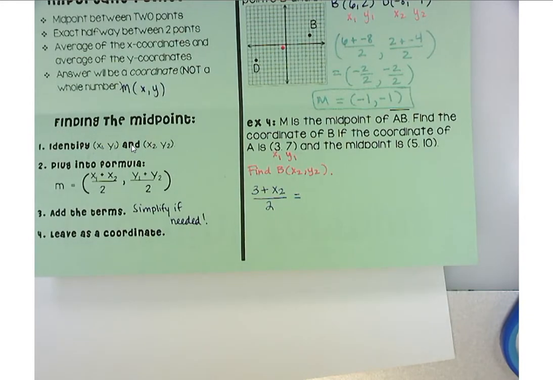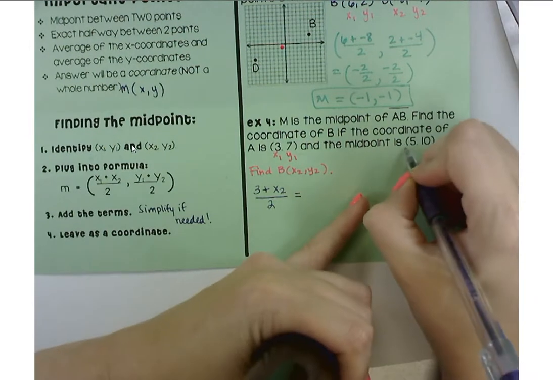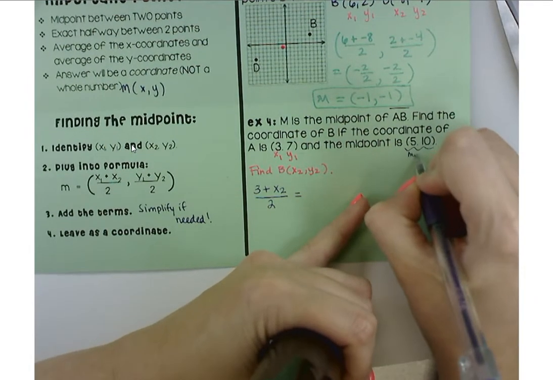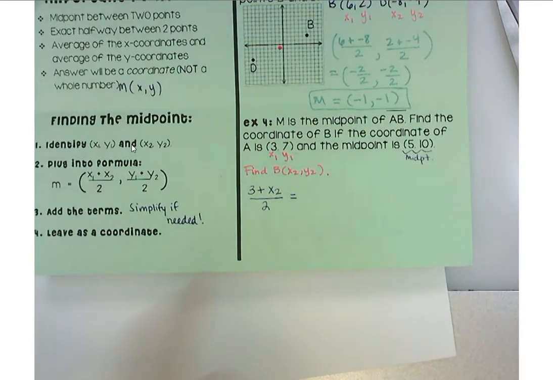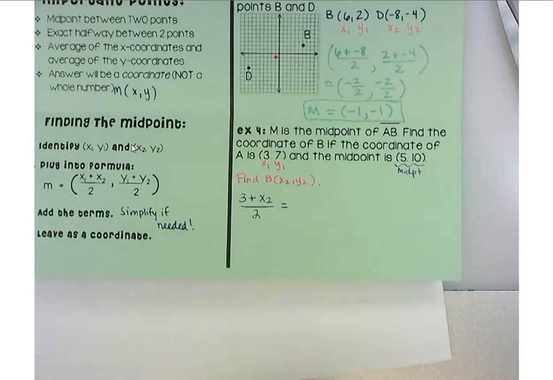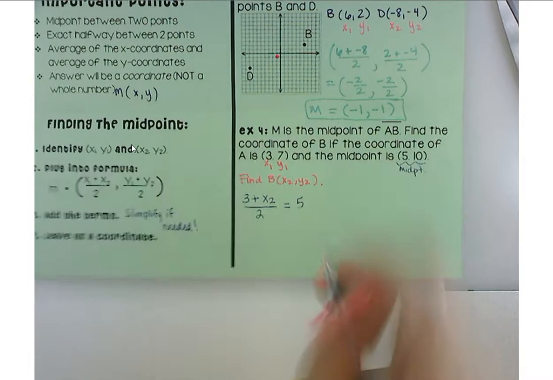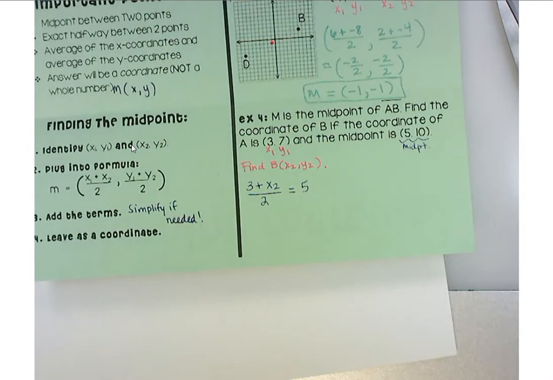And then what part of the midpoint does that equal? The x, right? Which is the 5. Okay? Based on that, do you guys think you can set up the equation to find the y?